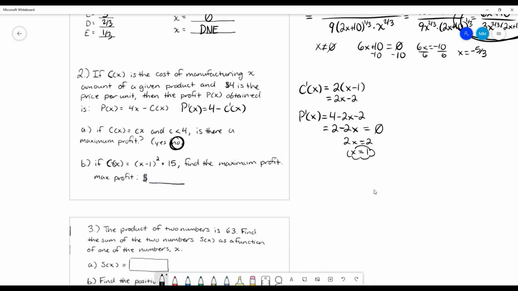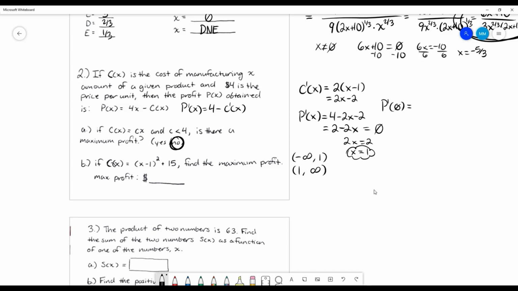So that's our critical point, and now we just need to make sure that that's a maximum, because it very well could not be. So from negative infinity up to 1, and from 1 up to infinity. I suppose I could just take the second derivative of this, but I'm going to use the first derivative test rather than the second derivative. So let's plug in 0, because that's on this interval.